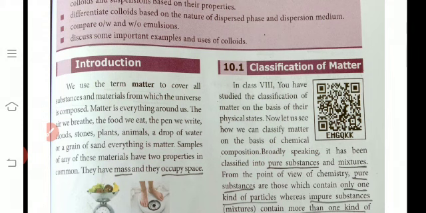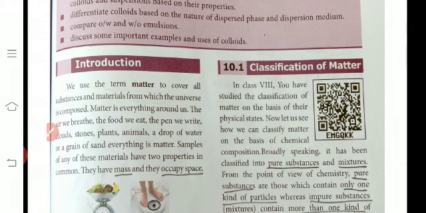Next, classification of matter. In class 8th, you studied the classification of matter on the basis of their physical state. Already you studied in 8th standard the physical states: solid state, liquid state and gaseous state.